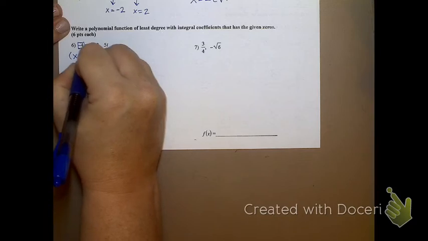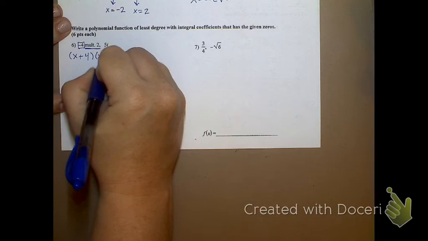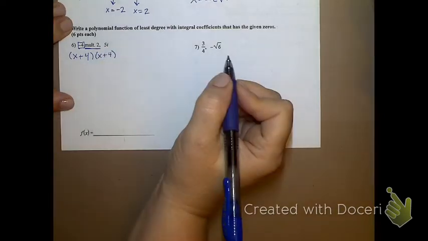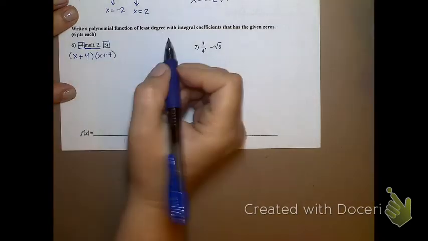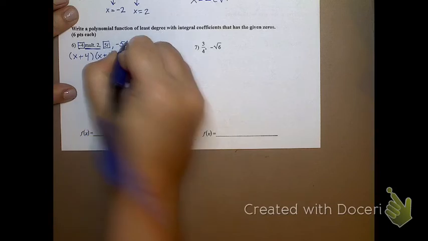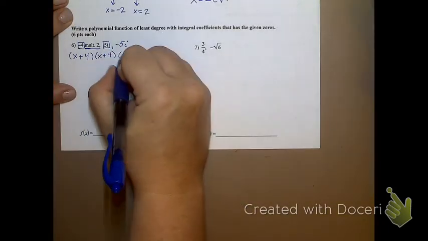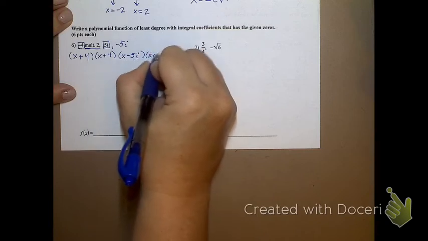Now it says it has a multiplicity of 2, which means what? It's listed twice. Okay? Now, 5i is a root, which means what else is also a root? Negative 5i. So I would have x minus 5i and x plus 5i.